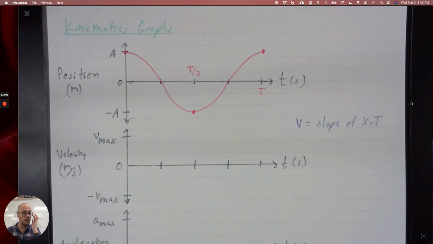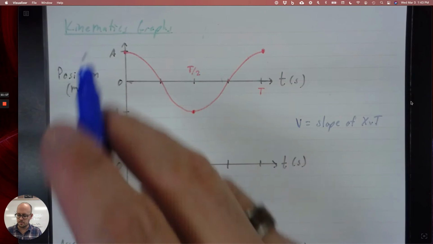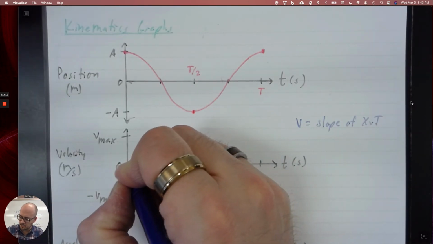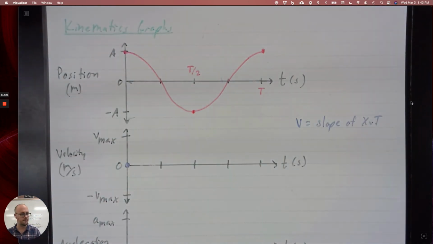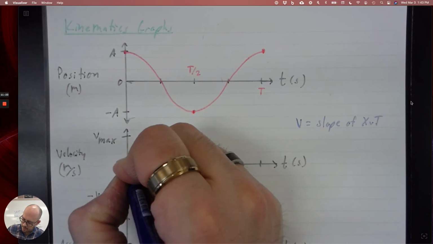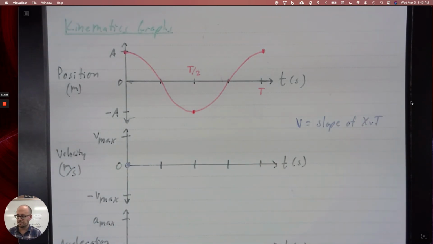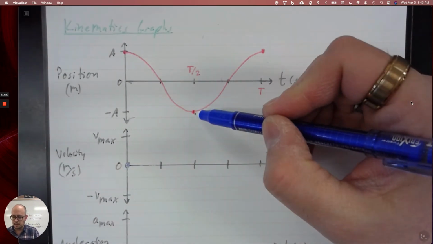And so we want to imagine, where does this object have zero velocity? Well, it has zero velocity when it gets to the extremes. You can consider this to be zero velocity because you haven't let it go yet. So at time zero, we have a velocity of zero. At the opposite extreme, let's imagine a pendulum.